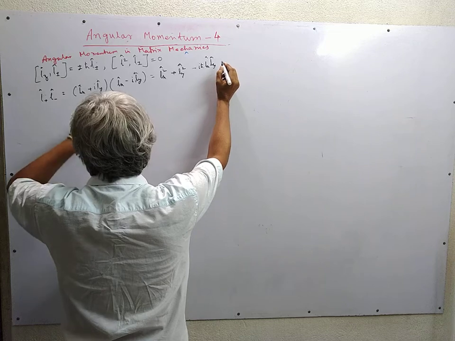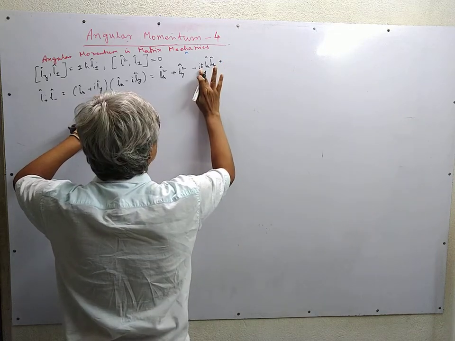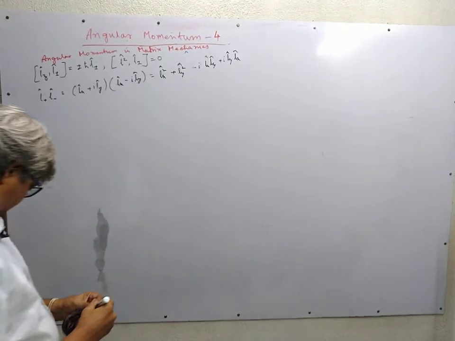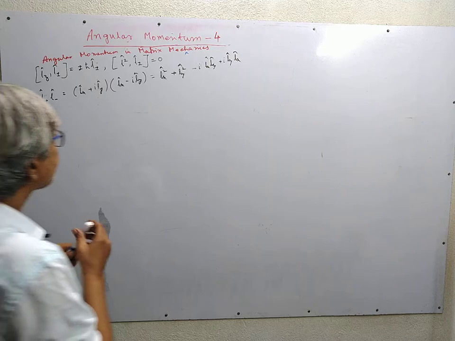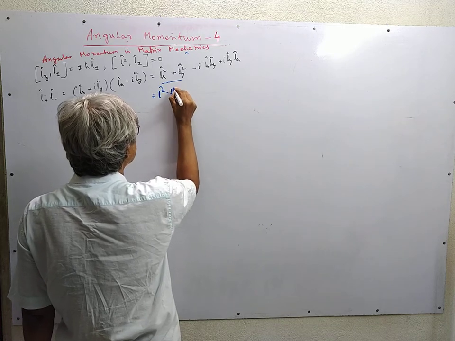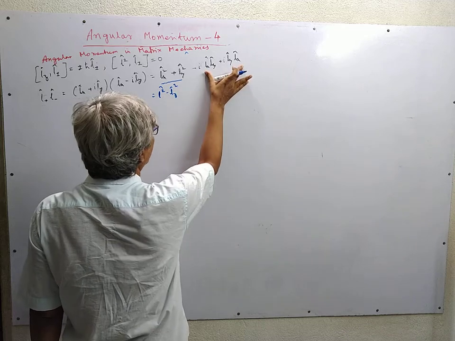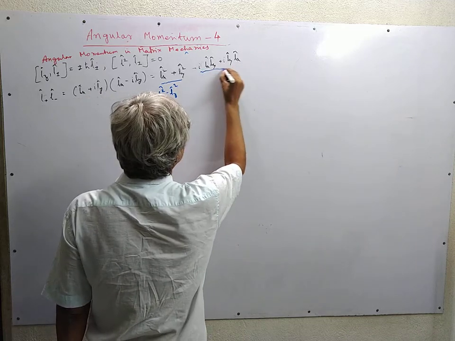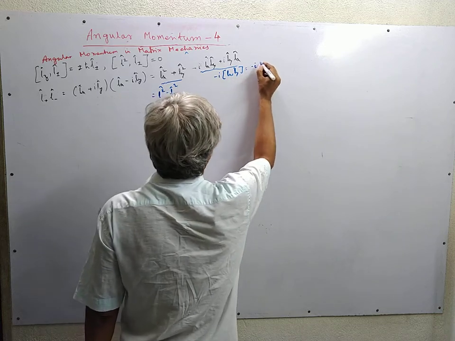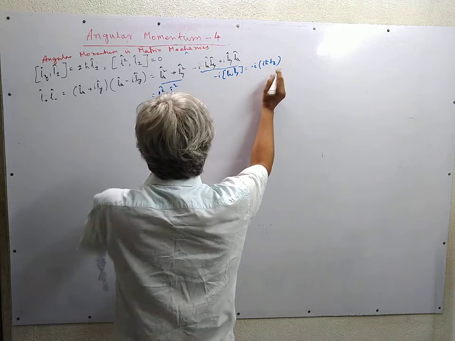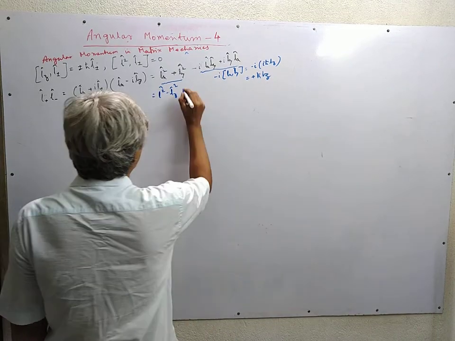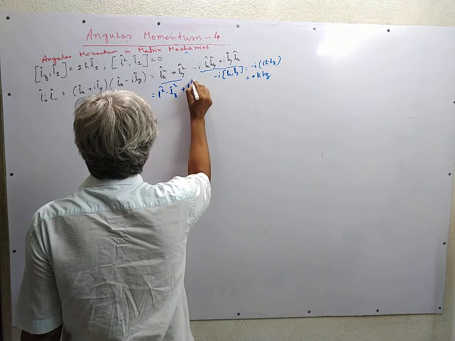Be careful about the ordering. This part we can write as L² − Lz², the Lz operator squared, and this part is actually −i[Lx, Ly], which is equal to −i times iħ Lz. So this term is plus ħ Lz.